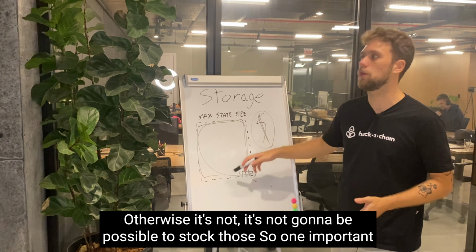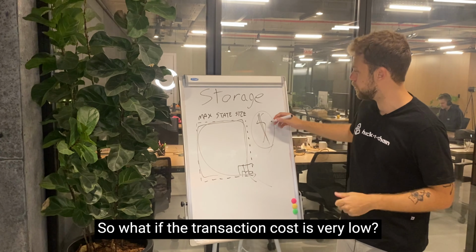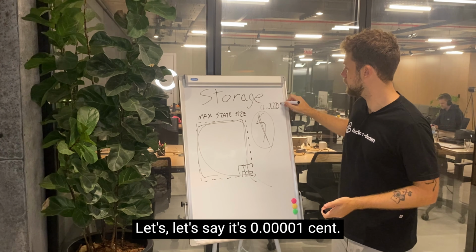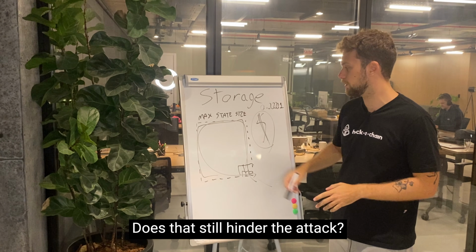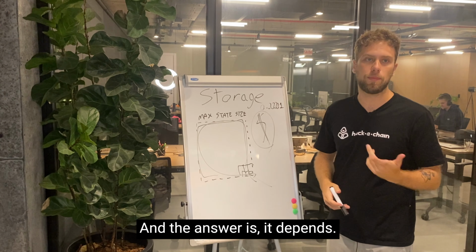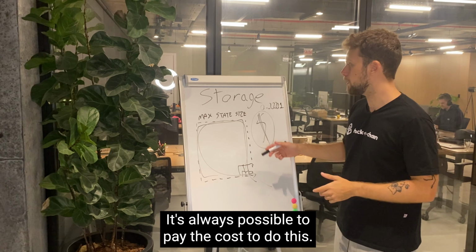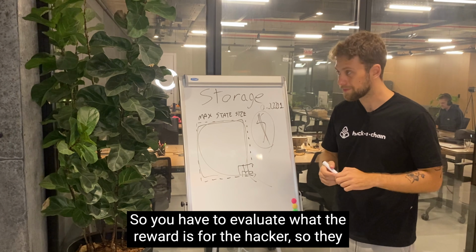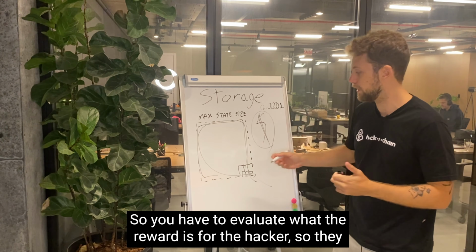Yeah, so one important question here. My partner just asked, so what if the transaction cost is very low? Let's say it's 0.00001 cent. Does that still hinder the attack? And the answer is, it depends. It's always possible to pay the cost to do this. So you have to evaluate what the reward is for the hacker. So they have a reward and they have a cost.